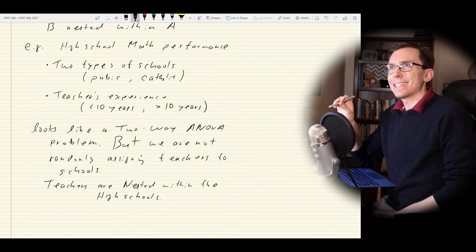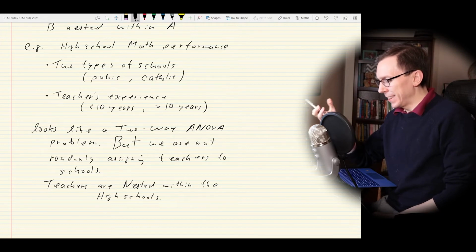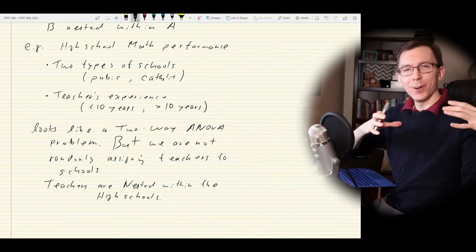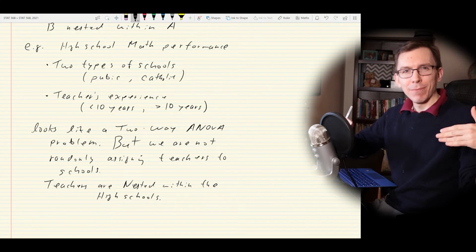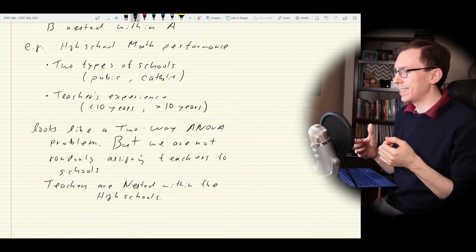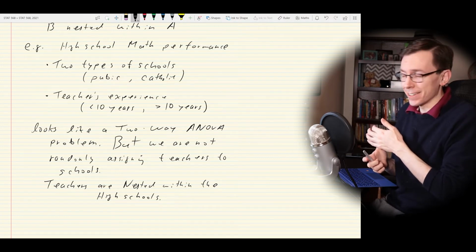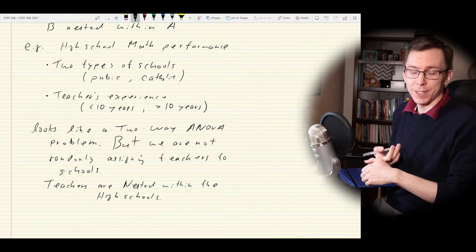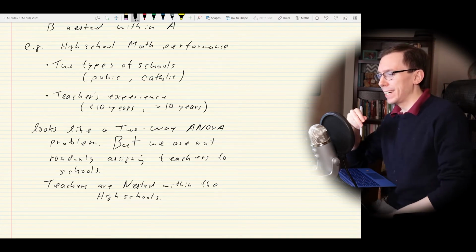So what that means is that when we look at the performance, we don't want to test all the young teachers against all the old teachers, because depending on which school they're in, that's going to bring in a lot of different factors. For one, certain schools might just have more funding than others. They might have a different number of students per teacher, depending on the size, the scope of the district.